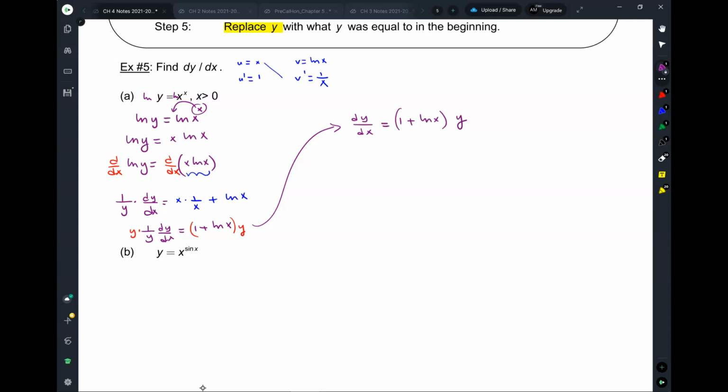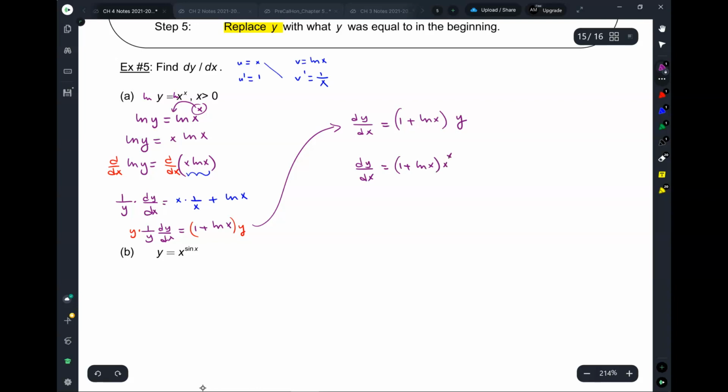Got it? No, last step. I can't end with a y in there. So I go back to the original function. What was y in the original function? x to the x. So dy dx is equal to 1 plus ln of x, times x to the x.